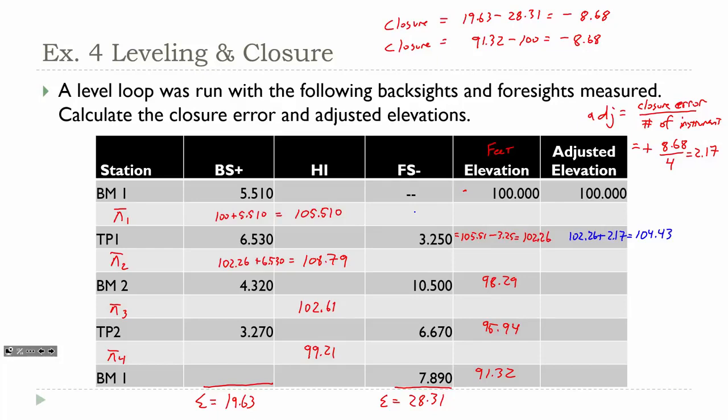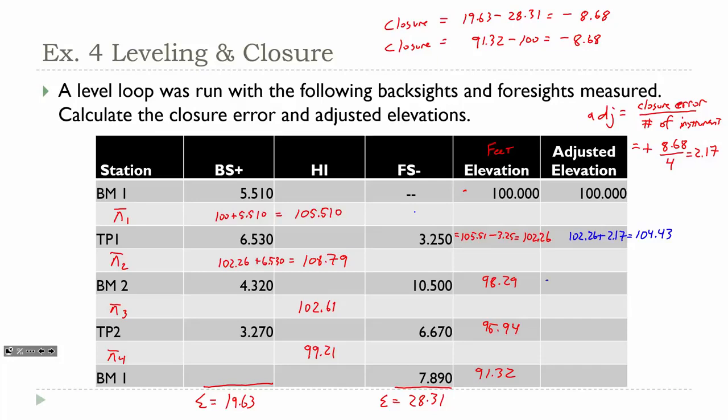100.46. So how do we get the next one? Because this is always the common mistake that's made. The best way to remember, because this applies to both the equal distribution and the weighted distribution, is to just re-add the backsight, subtract the foresight.